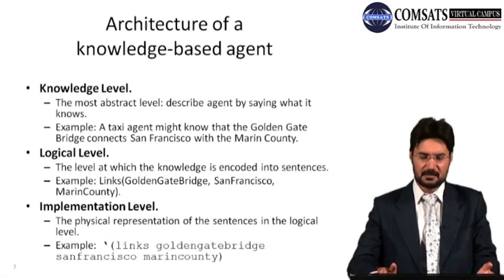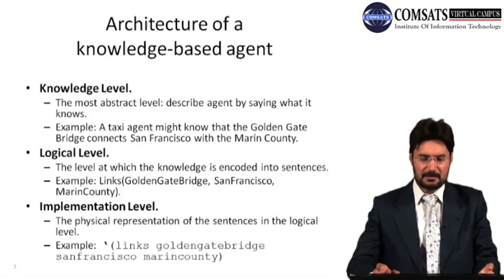If we have a taxi driver, the taxi driver knows that there is a Golden Gate Bridge which connects two places in between, San Francisco and Marin County. So this is one piece of knowledge, one understanding, that there is a bridge which can connect two places. So this is one knowledge level.